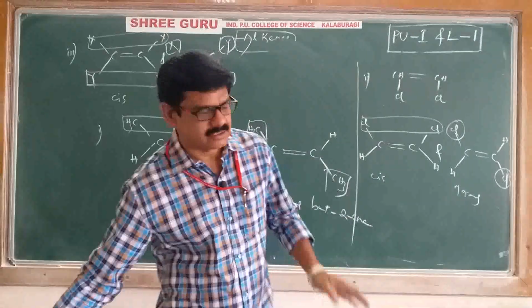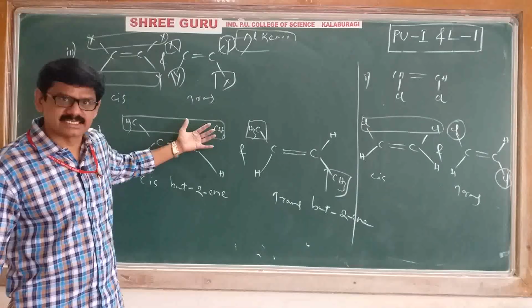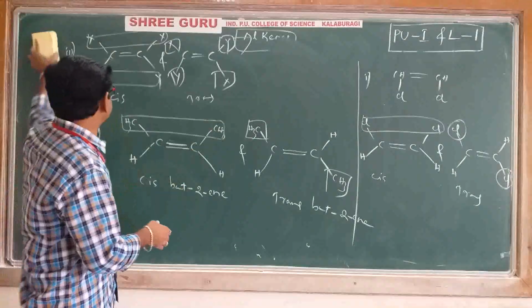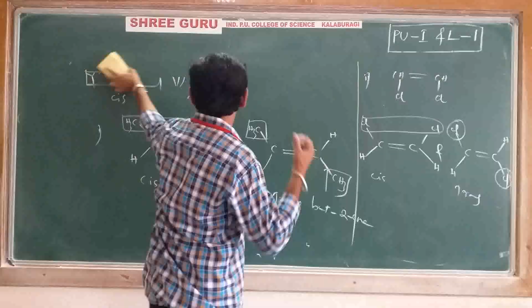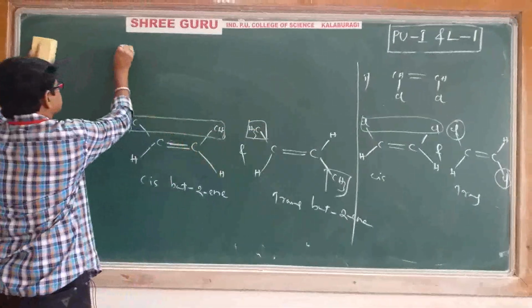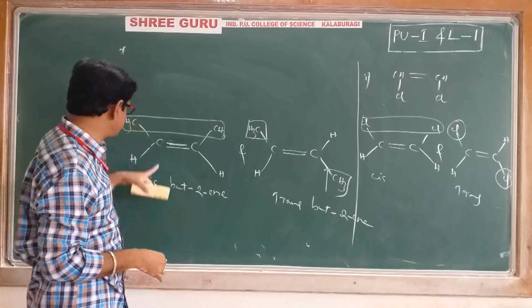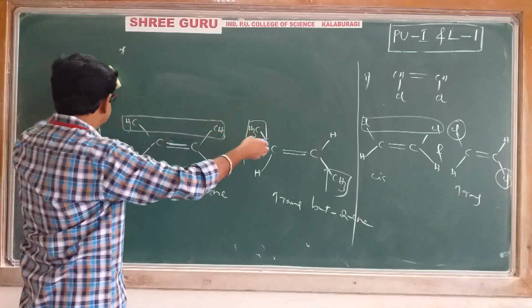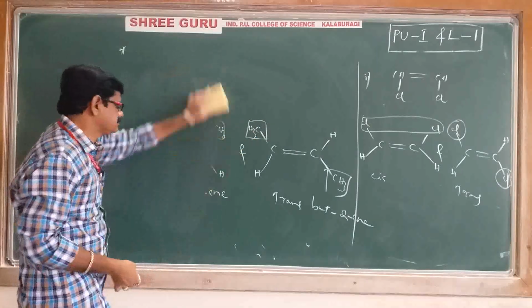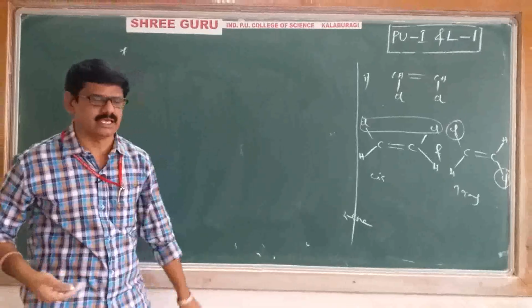That's it. Then we will discuss some general points regarding this geometrical isomerism. Some general points. First point in geometrical isomerism. For that purpose, let's take that example, or you can take this example also, your wish, any example.